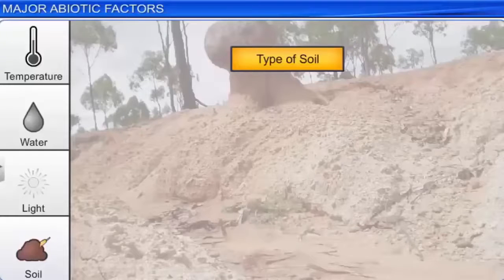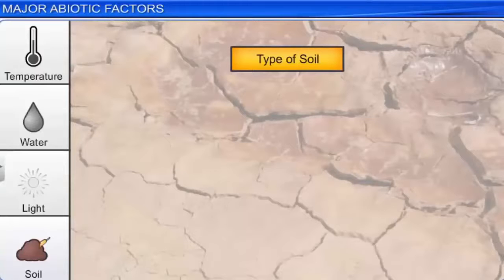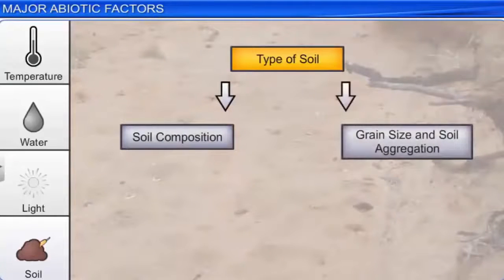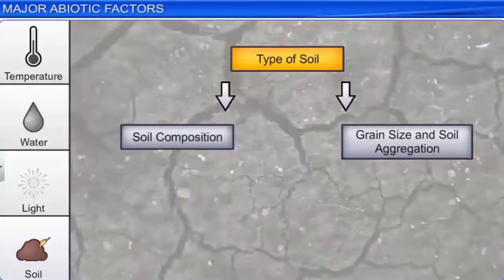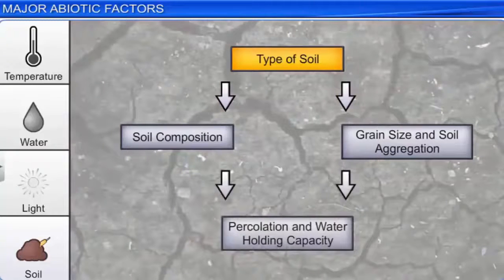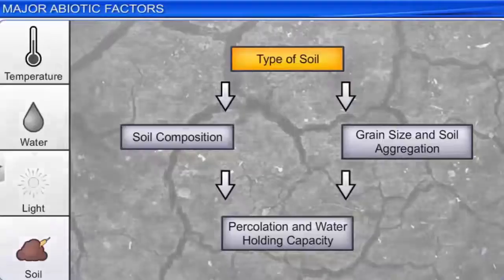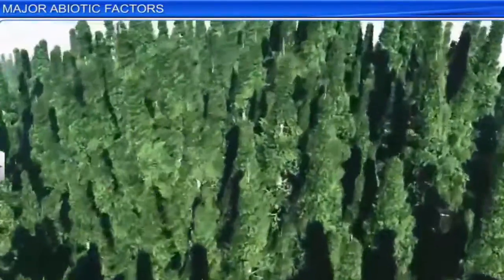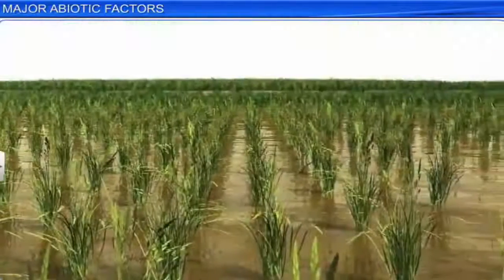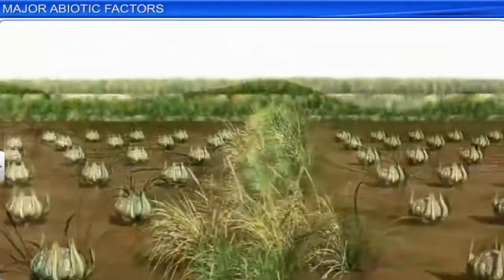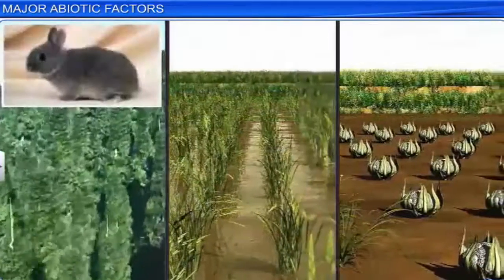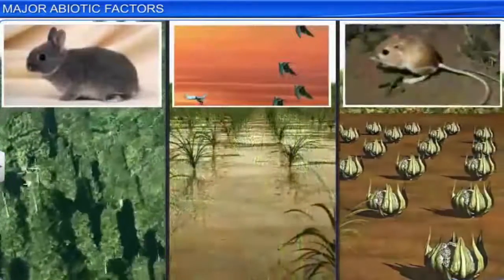Apart from these factors, various soil characteristics such as its composition, grain size, and soil aggregation determine its percolation and capacity to hold water. Characteristics such as pH and mineral composition of the soil and topography of the place greatly influence vegetation, which in turn determines the animals that can survive in that place.